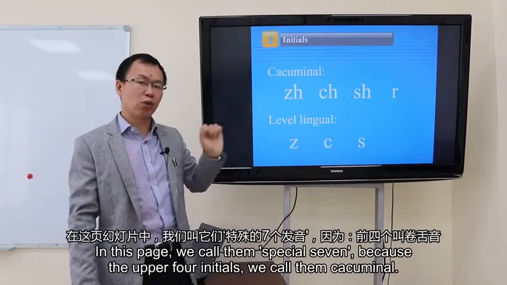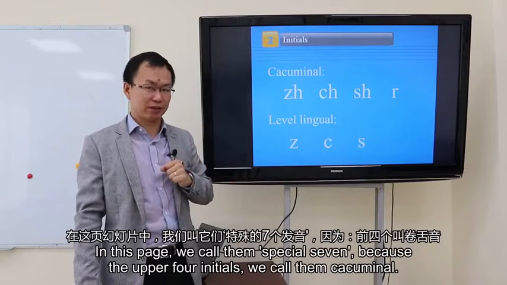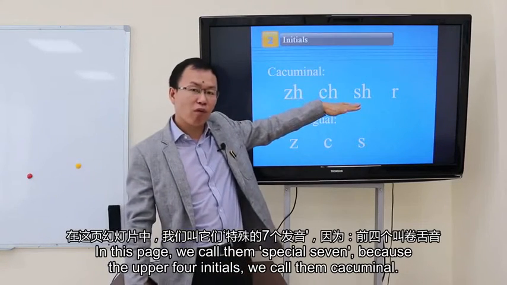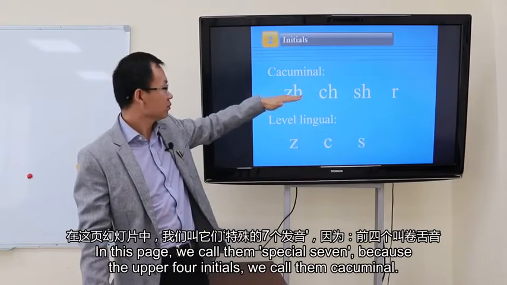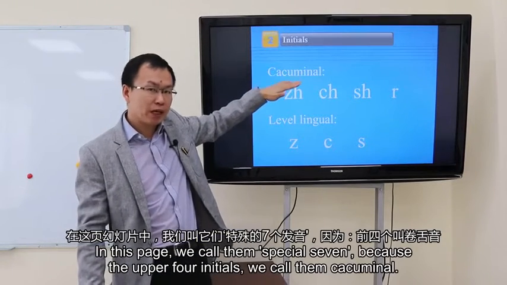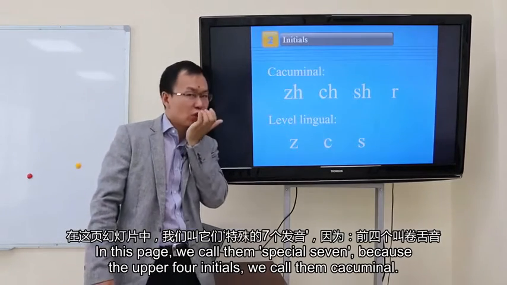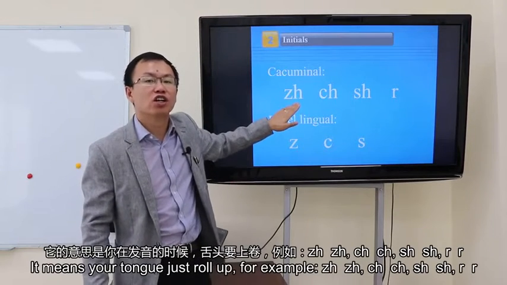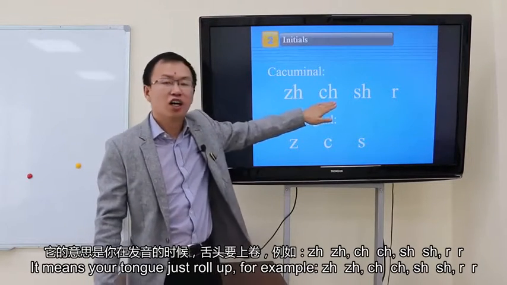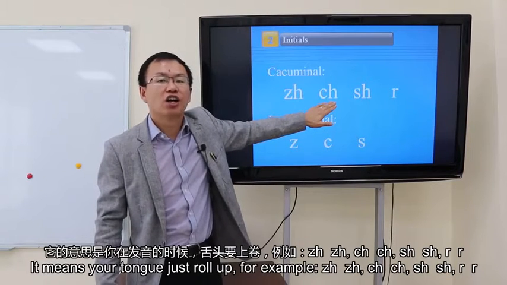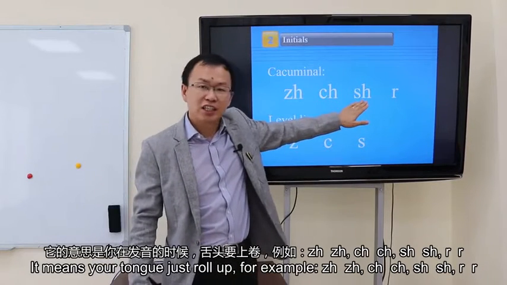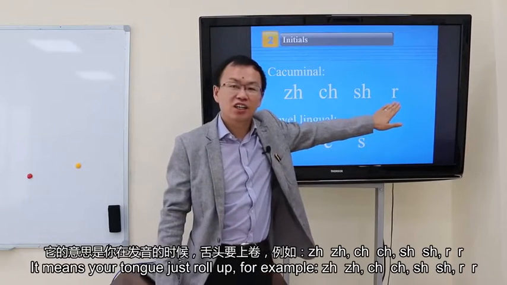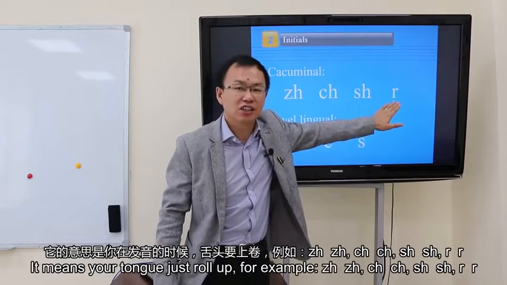In this page, we call them special 7. Why? Because the upper 4 initials, we call them retroflex. It means your tongue just rolled up. For example, 知, 知, 吃, 吃, 诗, 诗, 日, 日.